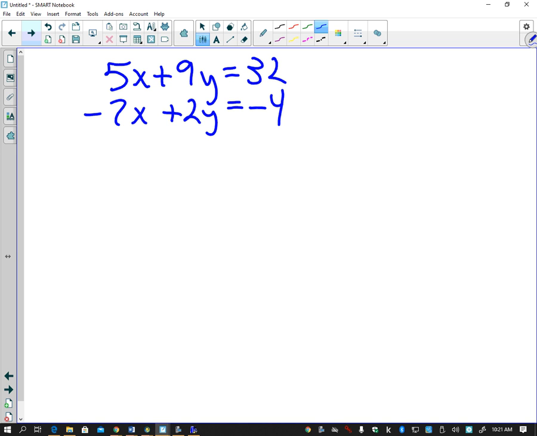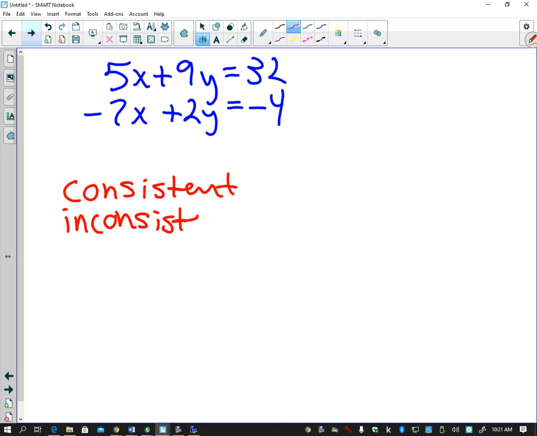They're going to ask you to classify it. Is it consistent or inconsistent? Is it dependent or independent? Okay? So you need to know consistent, inconsistent, dependent, independent.